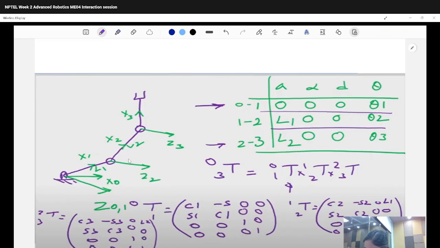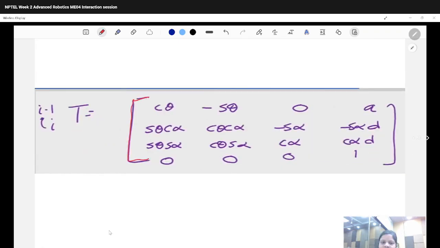Now, let's say you have 3 revolute joints. What you are going to do is discussed here. You can always do it. This is important. This is something that we obtain by simplifying everything.